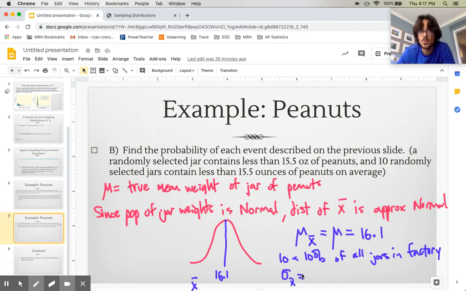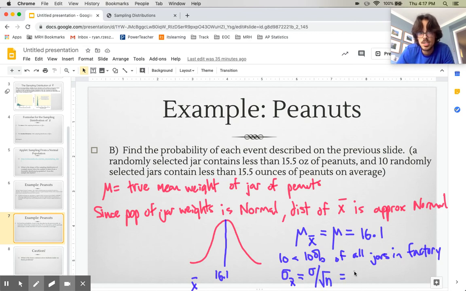And the formula for that, it is not the same standard deviation of 0.4 that we just used. We just did that problem a minute ago. Kids always forget to actually find the right standard deviation. What you're supposed to do is take your population standard deviation and divide it by the square root of your sample size.